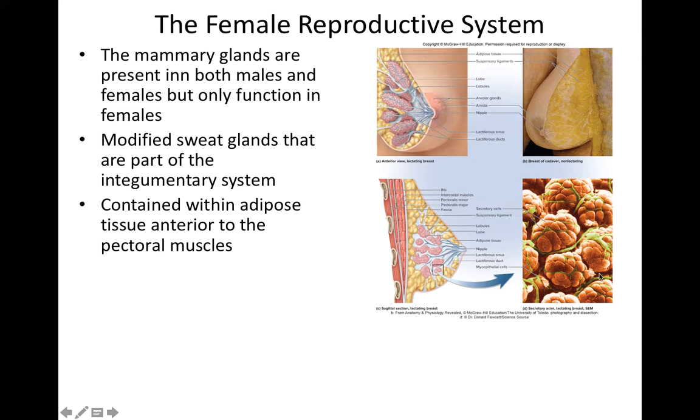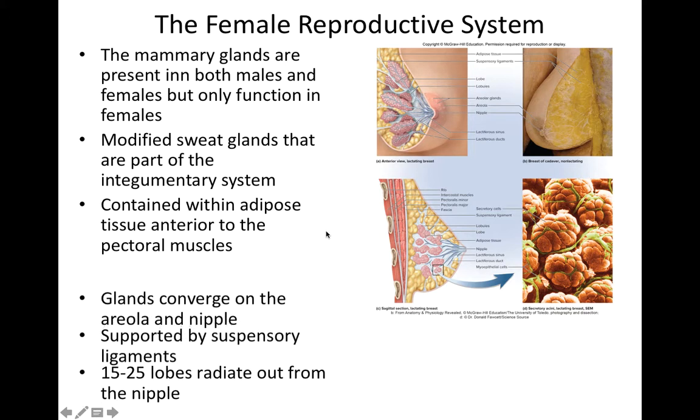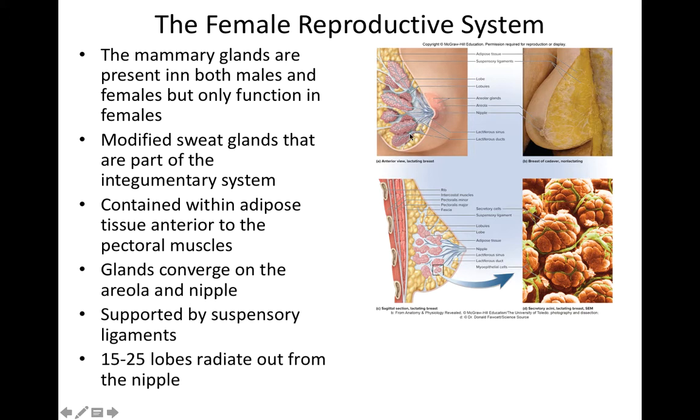This is a nice view of what the actual secretory tissue looks like in a lactating breast. So it is fairly significant, and then there is this connective tissue that winds through this. So the glands all are going to have ductwork that's going to end up opening onto the nipple.